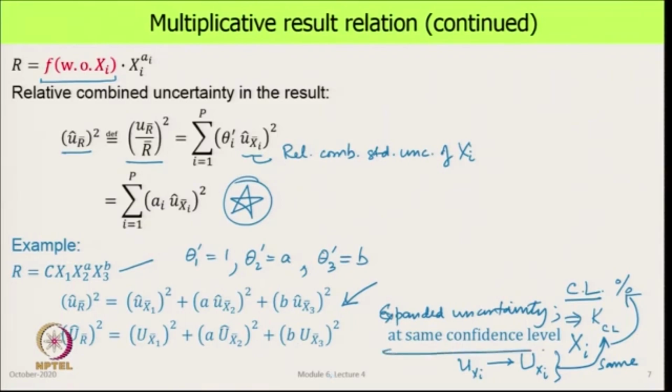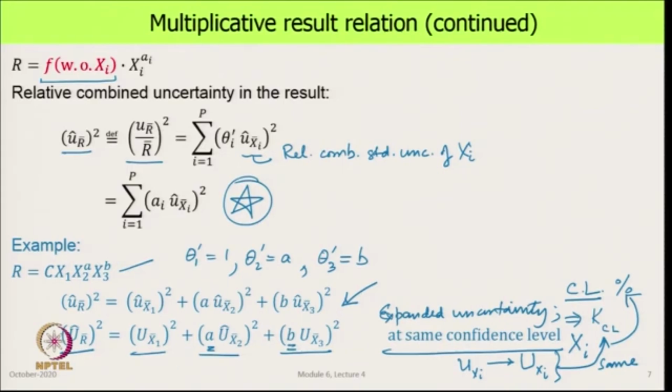So, all the measurement uncertainties are reported at the same confidence level, which is almost always the case in uncertainty analysis. And then k C L is the only factor which came into all these expressions on all sides. We just put it there and we get the relative uncertainty in the result as the sum of the squares of these multiplied by their respective exponents.